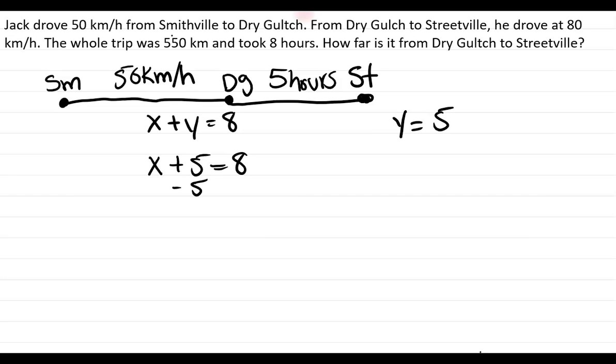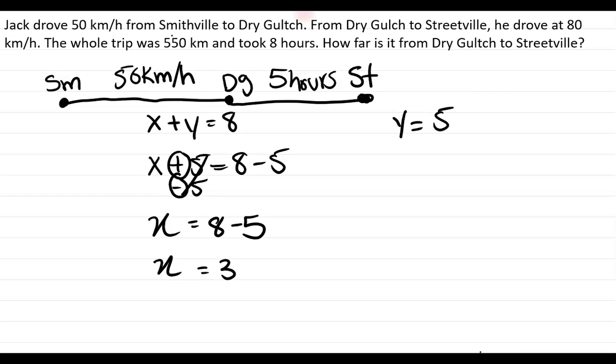Bring 5 to the other side by doing the inverse operation of addition. Since we subtracted 5 on this side, we have to do it to the other. So X is equal to 8 minus 5, and 8 minus 5 is 3. So X is equal to 3.